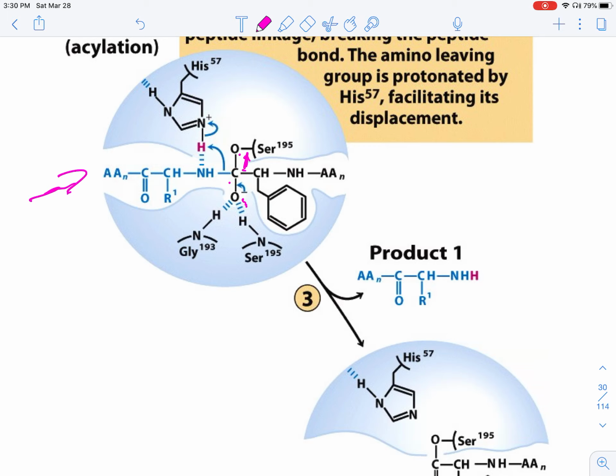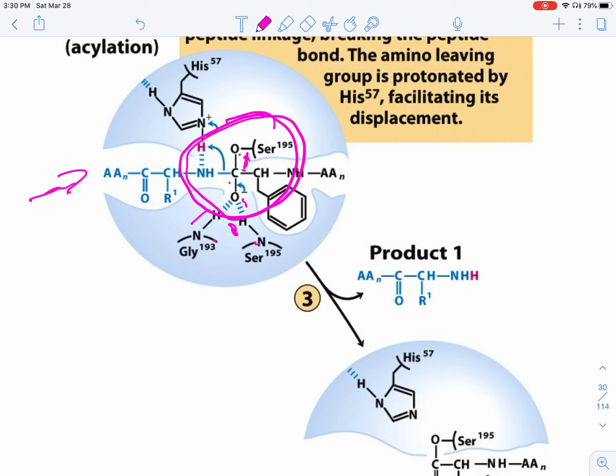You then form an oxygen anion. This would normally be unstable, but it is stabilized by hydrogen bonding within the oxyanion hole. So this is the intermediate or the transition state of this particular enzymatic reaction. This is not something that's stable, but because of the oxyanion hole, it's stable enough to allow for this to go forward.